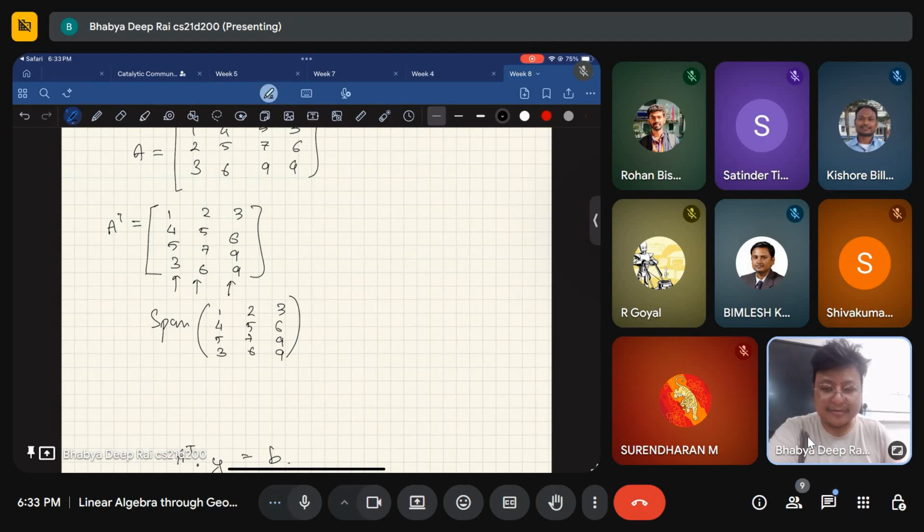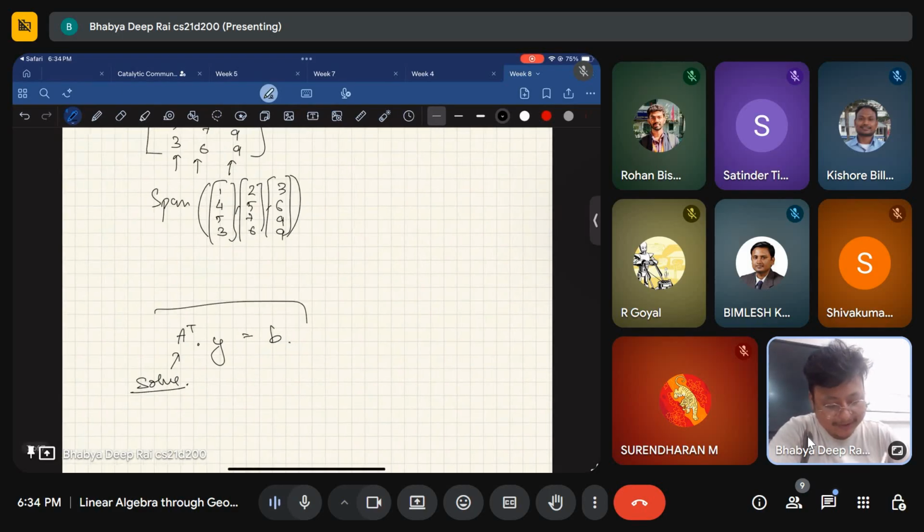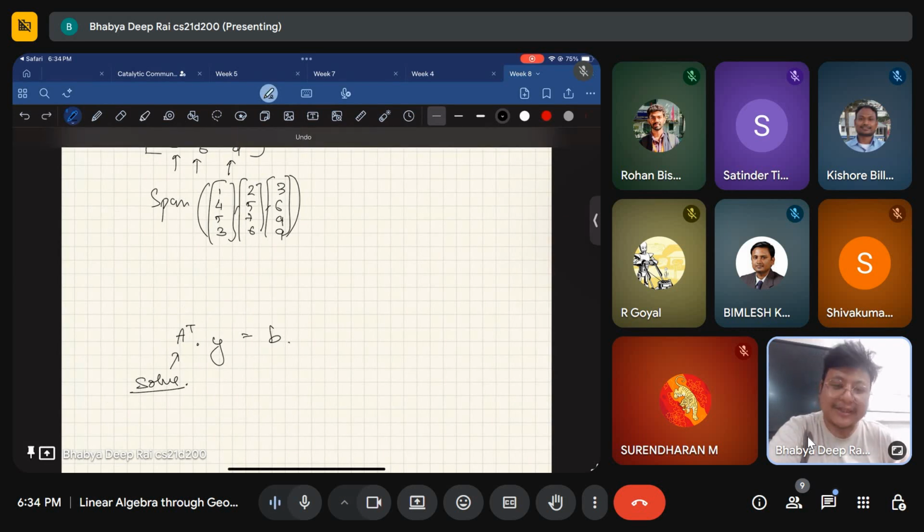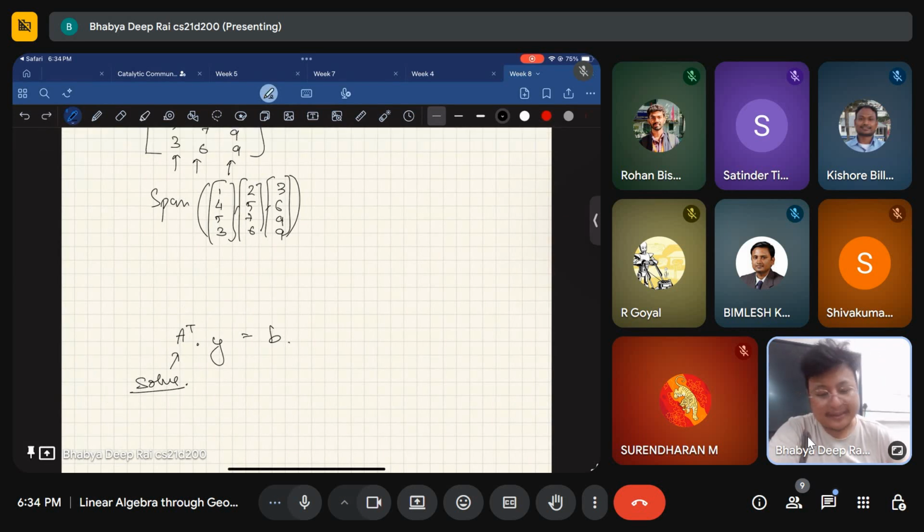Remember the lines, the intersection of a system of linear equations. The other way to do it would be to convert the rows into columns this way, and look at the span of these vectors, and of course again they'll span the vector space. Then you can again ask a similar question: what is the linear combination that gets to B, and so on.